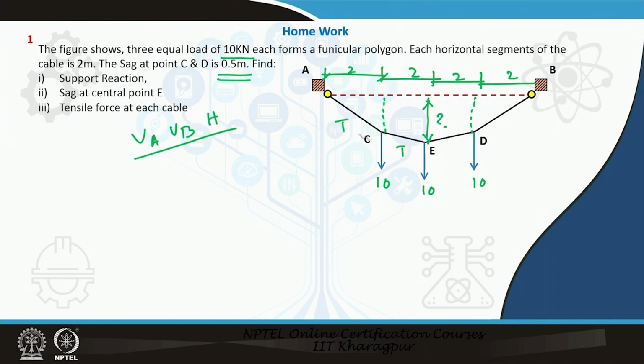If you can find these two, if you analyze point C and point D, it is done because it is symmetrical. So whatever the tension here, T dash, will be equal here, and this T will be equal to this T.